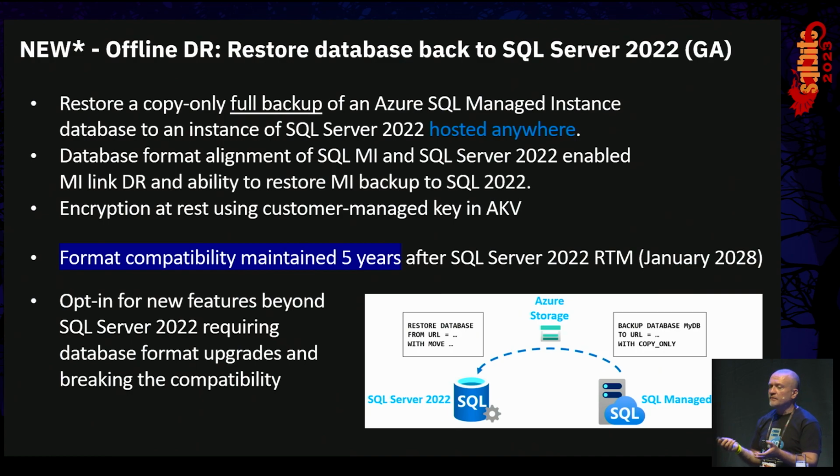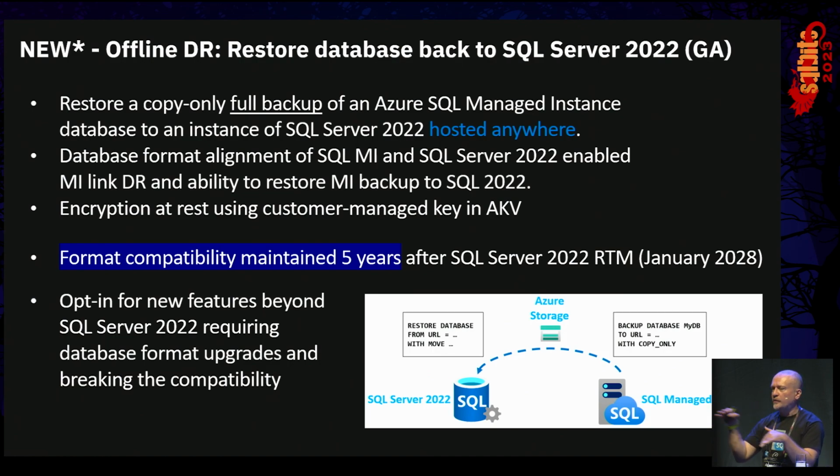In the meantime, there will be features that are maybe beyond 22, like I will call them 23 or 24, just as an expression. We still do not have any, but if there are features more advanced than 22, then on the Managed Instance side, we will offer you an option to say: by default, I'm compatible with 2022, or I don't care about compatibility, I want to opt in and have all the latest features.